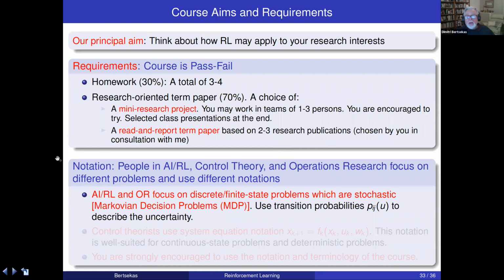Okay, a sensitive subject. Unfortunately, you come from all walks of life, all walks of engineering, and I welcome that. On the other hand, you may be used to a different notation. You may come from reinforcement learning, and you're used to the terminology and notation that's used in artificial intelligence.